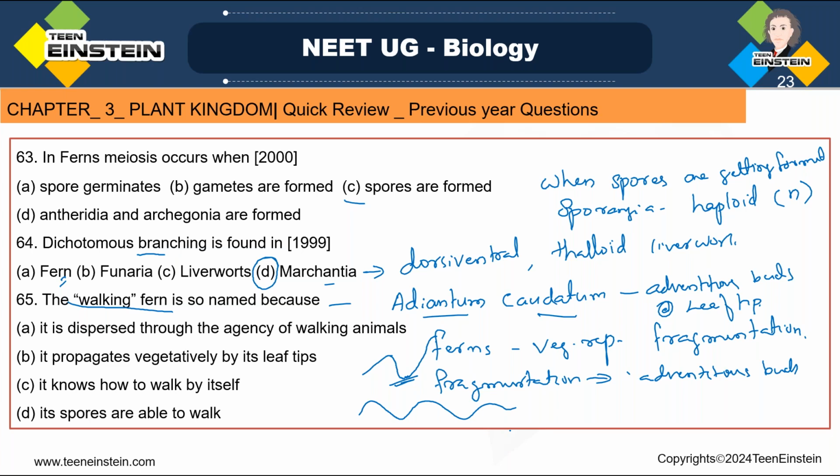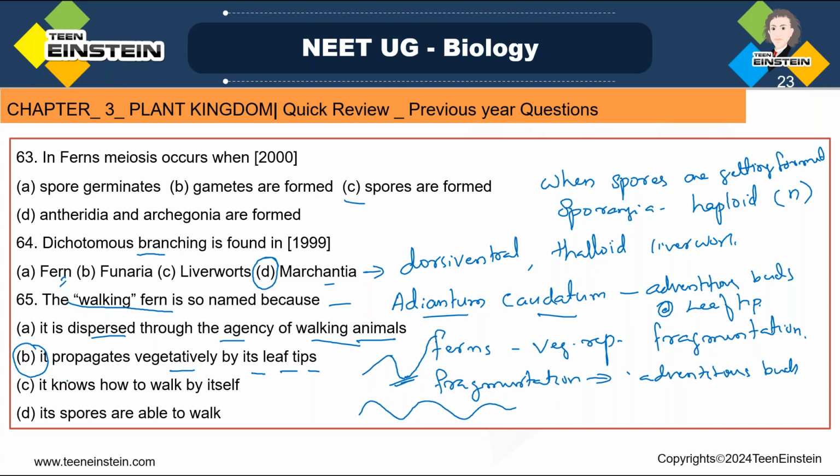So here, which is the right answer? B. It propagates vegetatively by its leaf tip. Okay. So here, walking fern is named so because, see, first option, you know that is not at all the reason. It's dispersed through the agency of working animals.